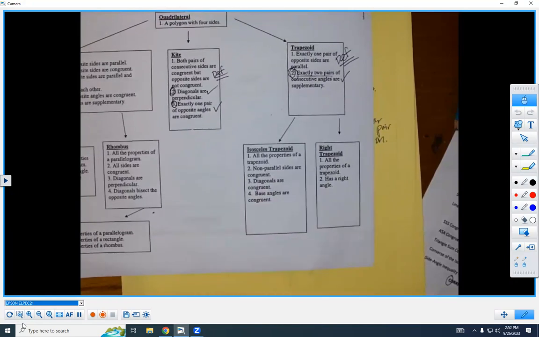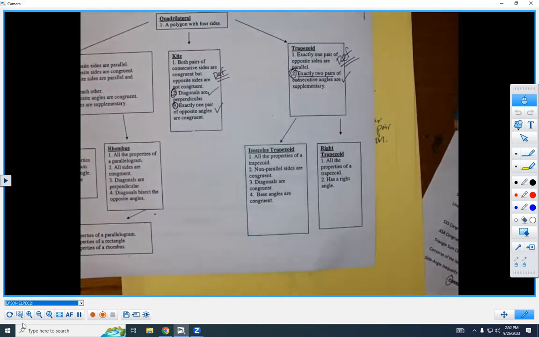Oh, real fast. Remember last time when we were questioning, does a right trapezoid have one right angle or does it have two right angles? I thought I wrote that down. The definition says exactly one right angle.